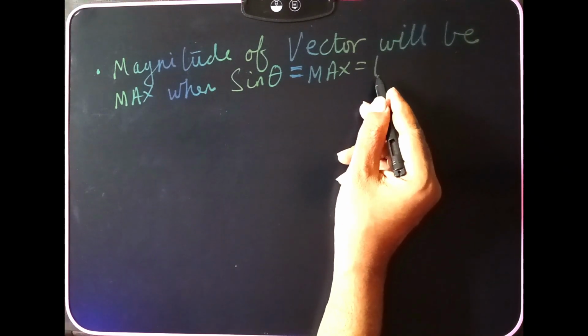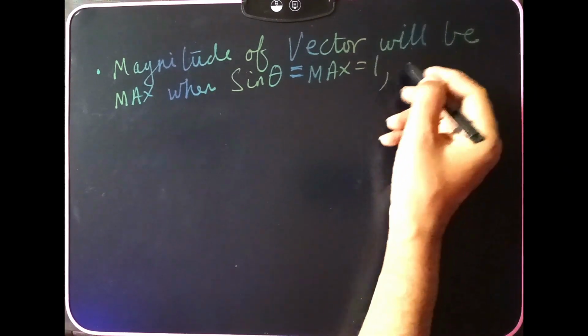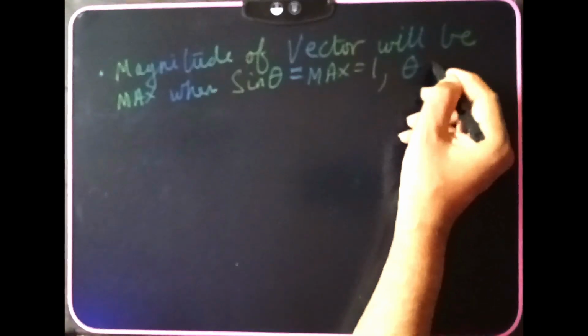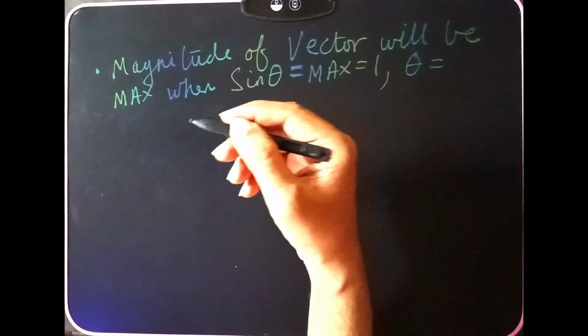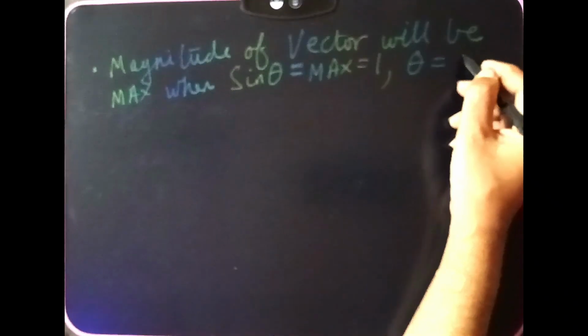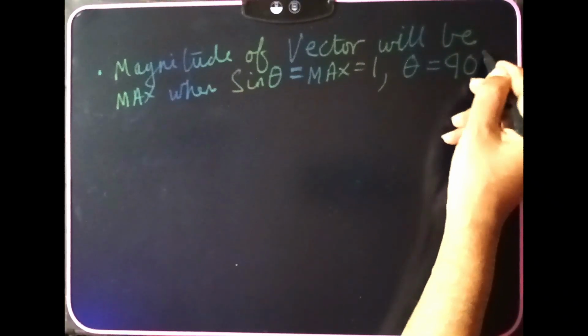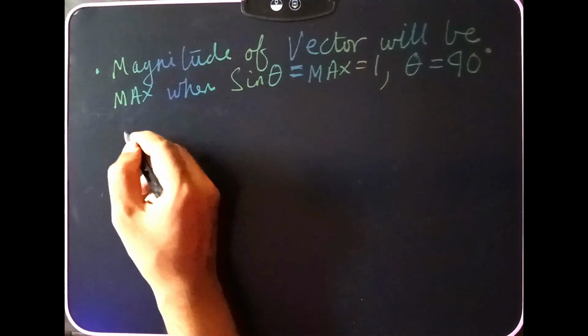So when will it be 1? Sine of 0 is 0, sine of 90 is 1, so when theta is 90 degrees. This is when it will be maximum.